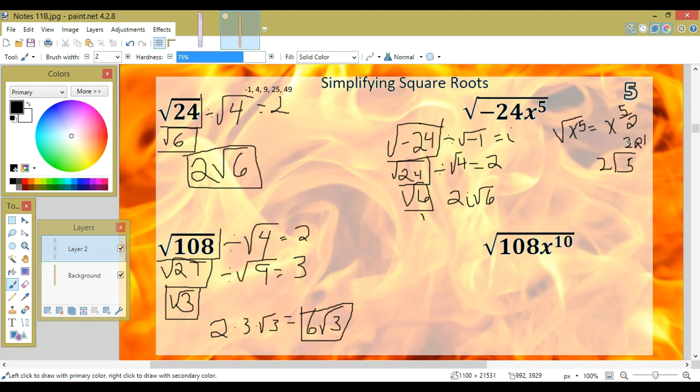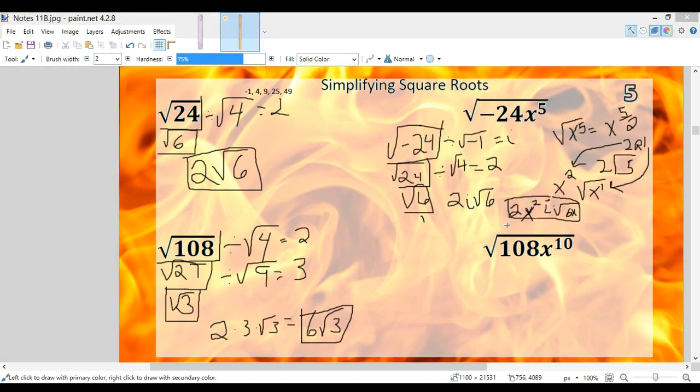So that means the 2 goes on the outside exponent and the 1 goes on the inside. So it looks like x to the second power square root of x to the first power. So this 2 goes on the outside, this 1 goes on the inside. So we're going to put these two expressions together. So we have 2x squared i square root of 6x.